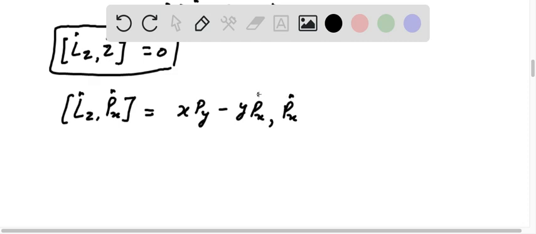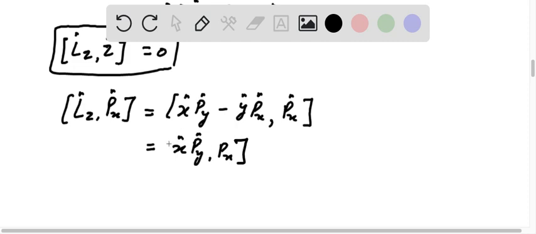These are all operators. Now this will be [x py, px] minus [y px, px].